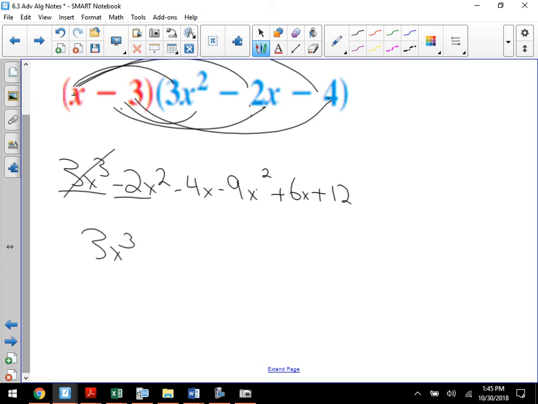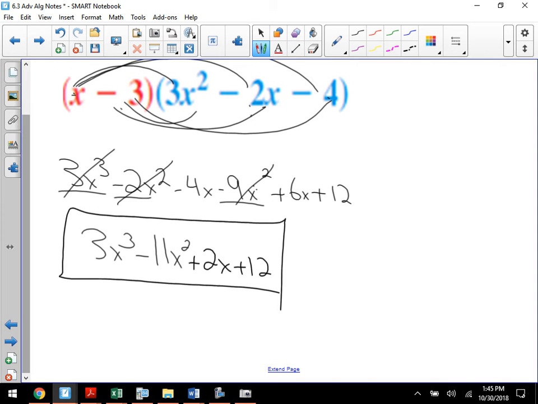Underline all the next ones. -2, -9 gives me -11. Cross them off so I don't double count. -4x and 6x, 2x, and then I'm left with that. Good. I hope.